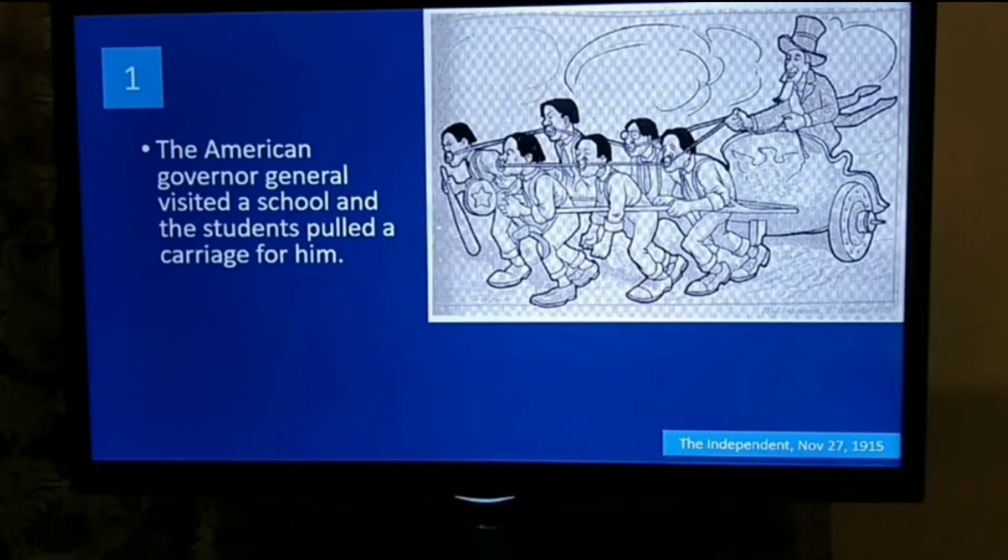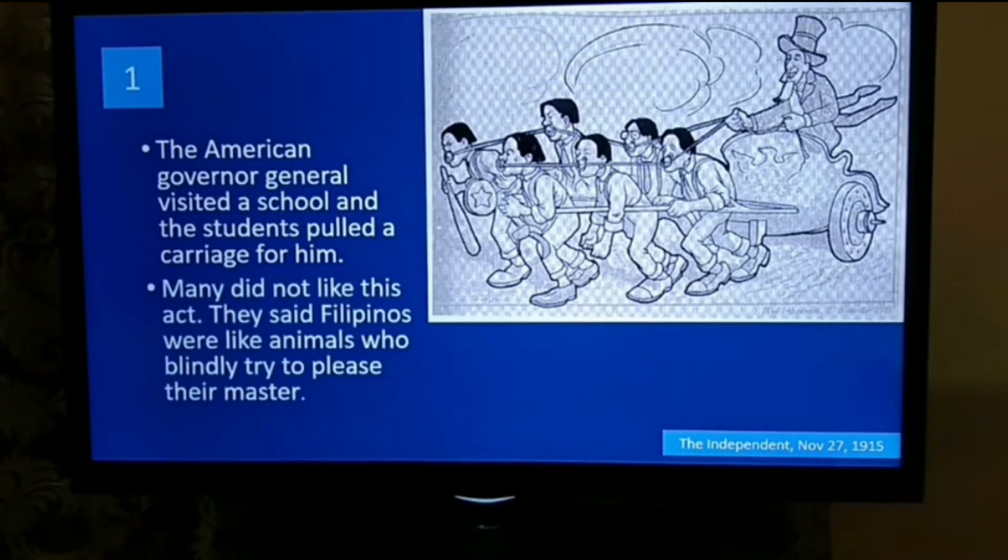And the school officials wanted to impress the American Governor General with their hospitality. So instead of touring the Governor General on a carriage pulled by a horse, the students pulled it for him. Wow!